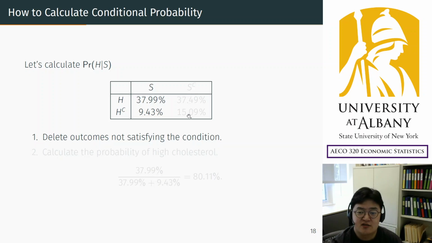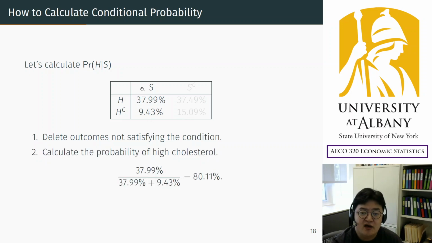We are going to delete the probabilities that do not satisfy the condition. We are not interested in these types, and then we calculate the probability of the event we are interested in among the types that we are interested in, the smokers. There are this many smokers represented by the probability.